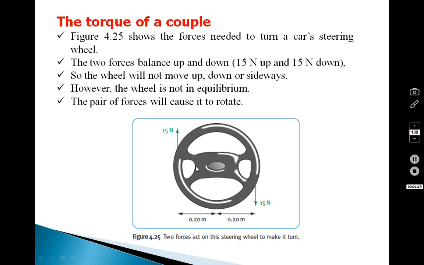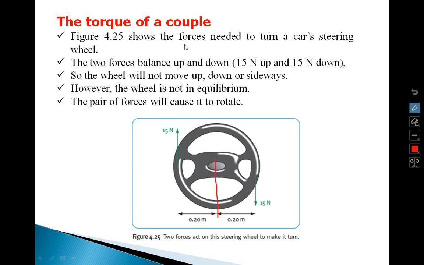As we can see here in figure 4.25, there are two forces. One force in this direction, which is 15 Newton, and another one is 15 Newton in the opposite direction, and the distance between this force and the center here is 0.2 meter. And the distance between the other force and the center here is also 0.2 meter.